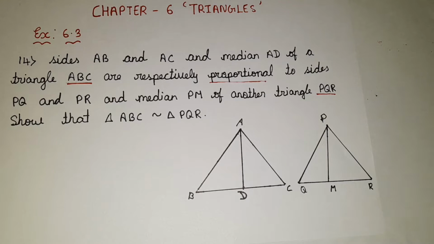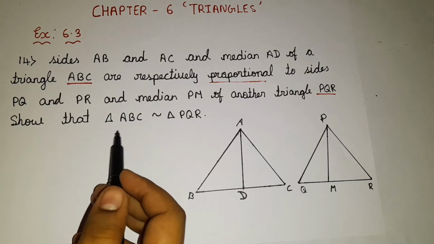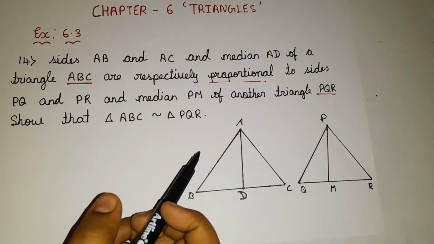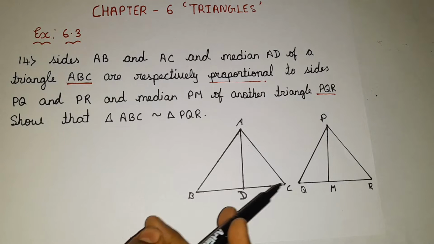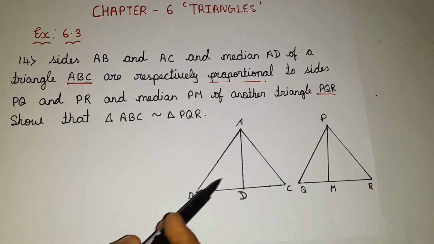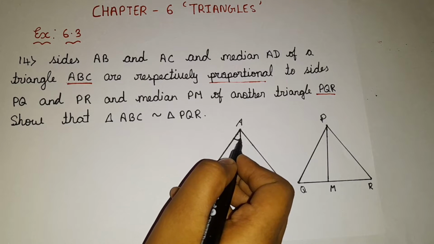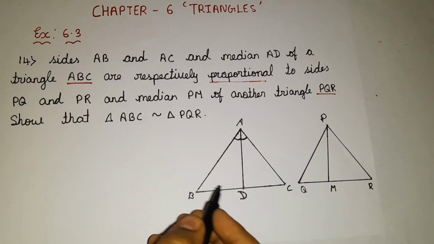Now we are supposed to show that triangle ABC is similar to triangle PQR. How? First of all, let us understand these two triangles. Since we have a median right over here, I can say this angle is equal to this angle. Why? Because median means dividing the whole triangle into two equal parts.